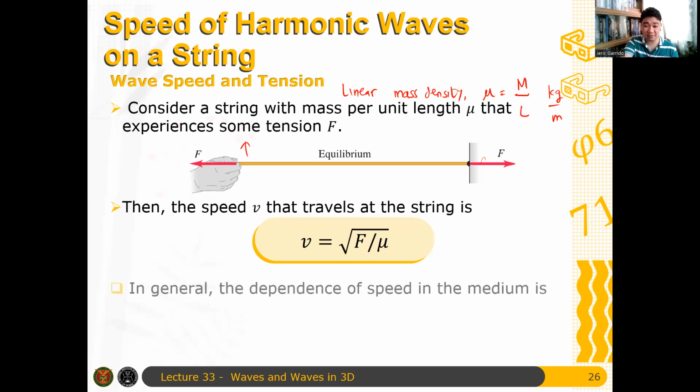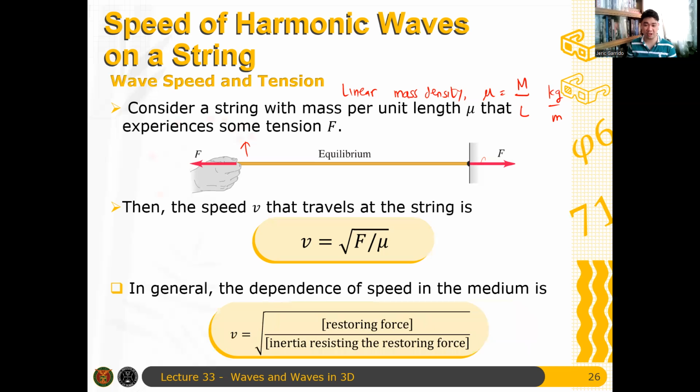And it turns out na kapag yung speed na yun sa isang medium, nakadepende siya sa expression na ito. You have a square root of some restoring force divided by some inertia resisting that restoring force. Like this inertia is, for example, in this case, mass per length. And kung tama pagkakaalala ko sa equation, I will not risk it though.